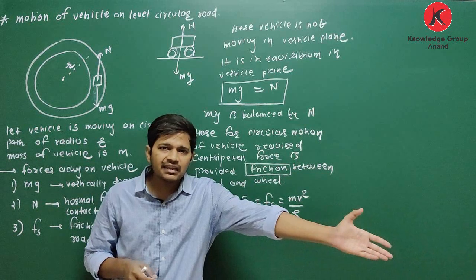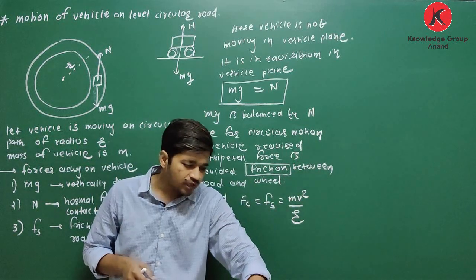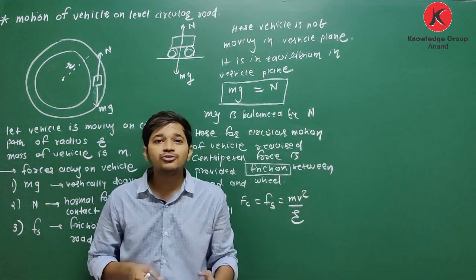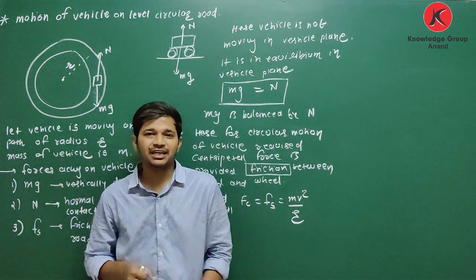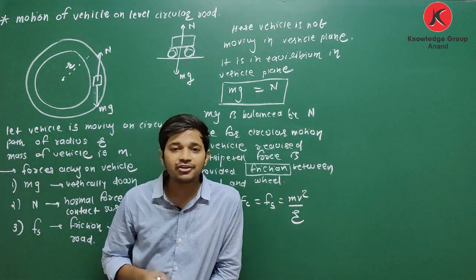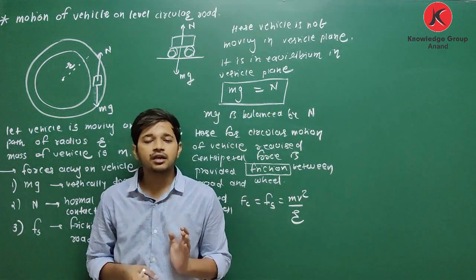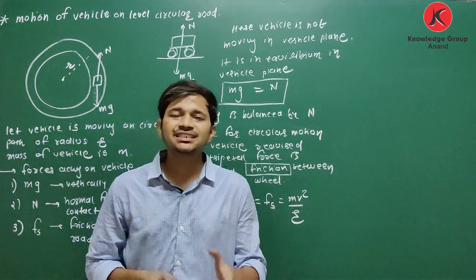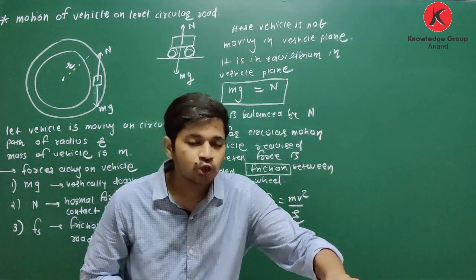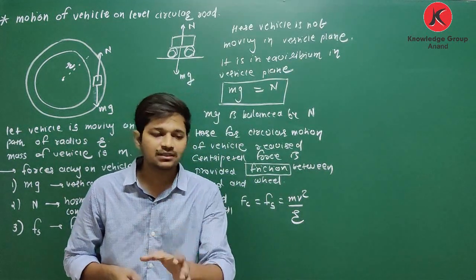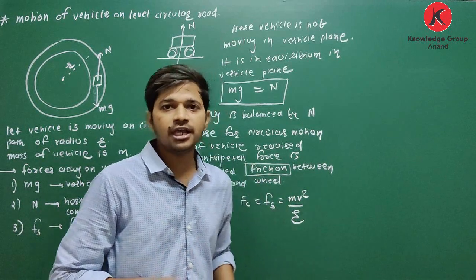Yes, in daily life, whenever you are moving your vehicle on some turn, you have to decrease your speed. Why? If you do not decrease your speed, you will slip away. Clear about this? So what is the condition? On such a circular path we can move with some speed safely.